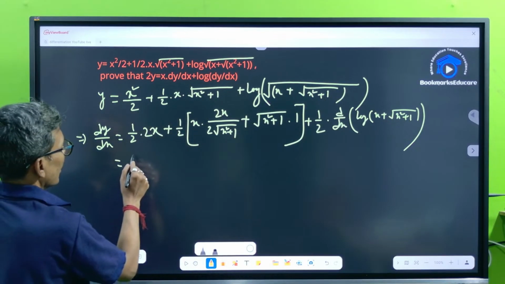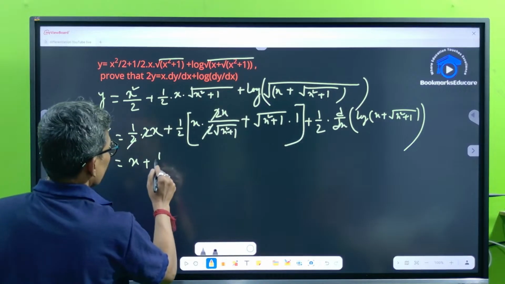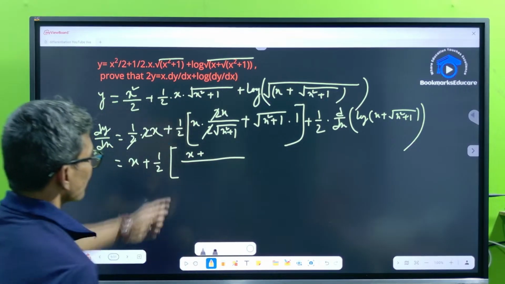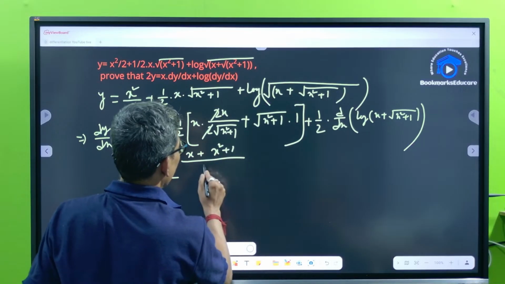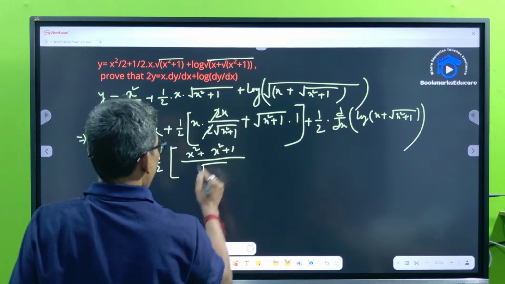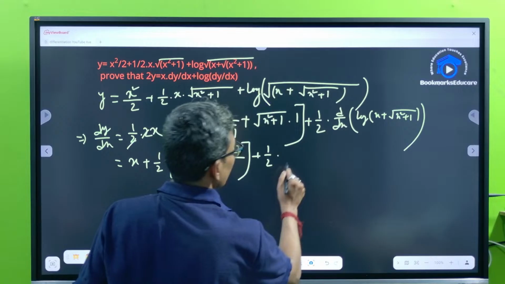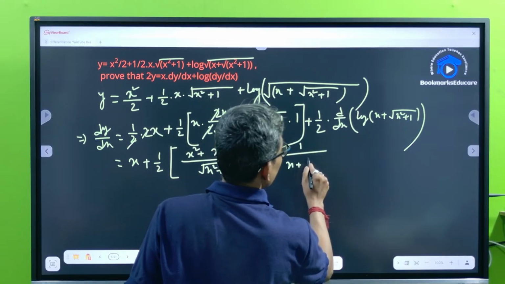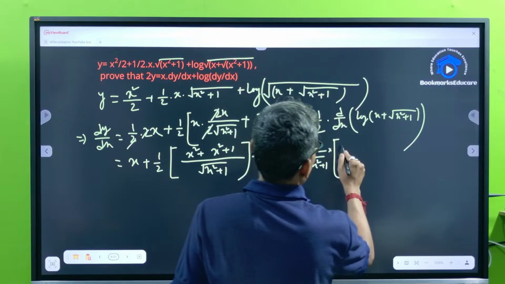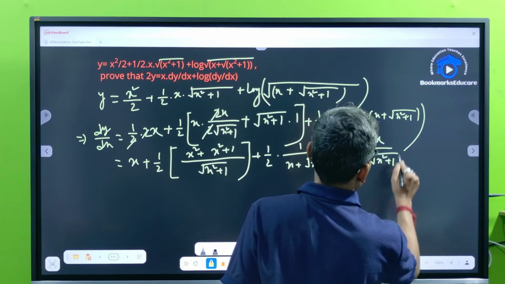So 2 will cut, x plus 2 will be eliminated, x plus x square plus 1 by root over of x square plus 1, half into 1 by x plus root over of x square plus 1 into 1 plus 2x by 2 root x square plus 1.